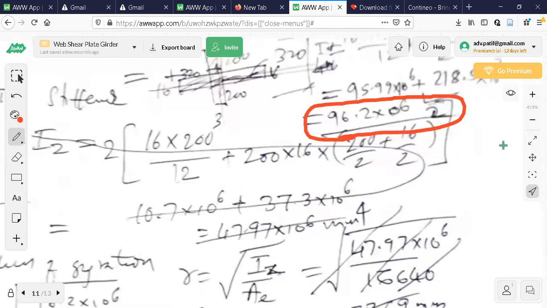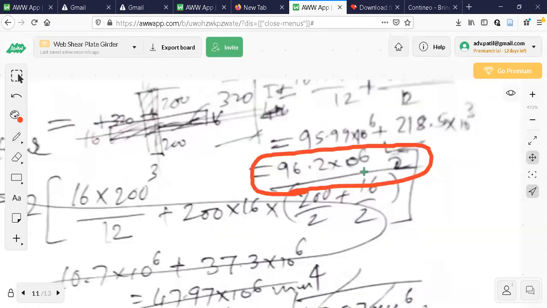I'll go back to that diagram. It is a question of finding moment of inertia of two rectangles. You can see there are two terms here: 95.9 into 10 raised to 6, and 218.5 into 10 raised to 3. After adding these two terms, 96.2 into 10 raised to 6 I am getting.